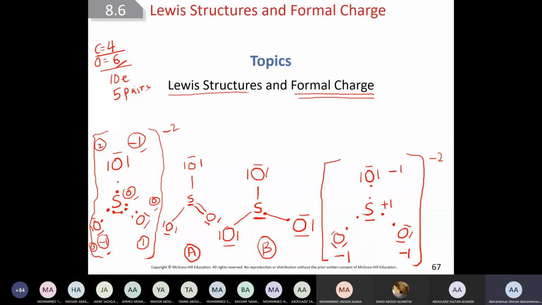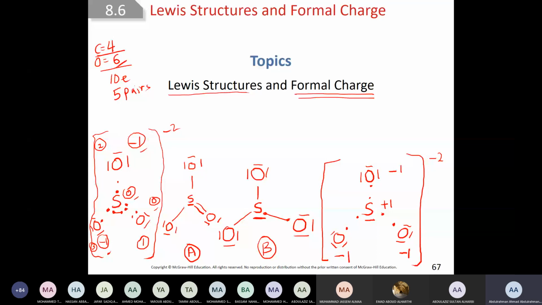What's the difference between structure A and B? Look at the charges. What's the charge on sulfur in A? 0. What's the charge on sulfur in B? +1. What's the charge on oxygen 1 in A? -1.